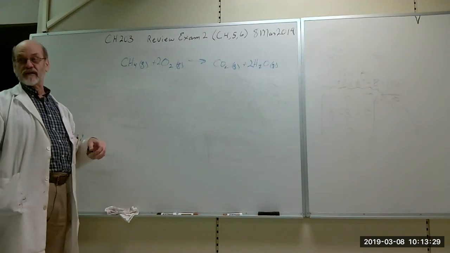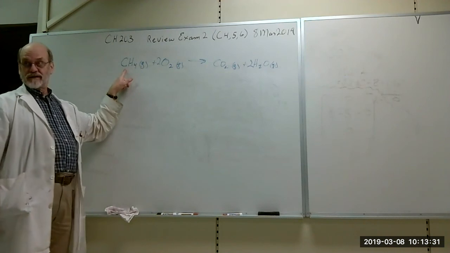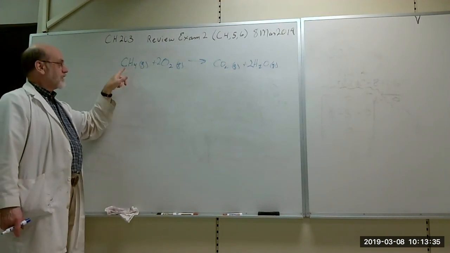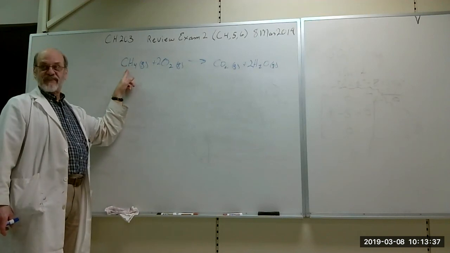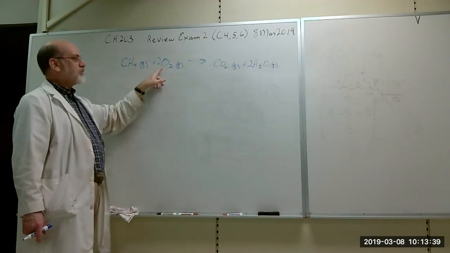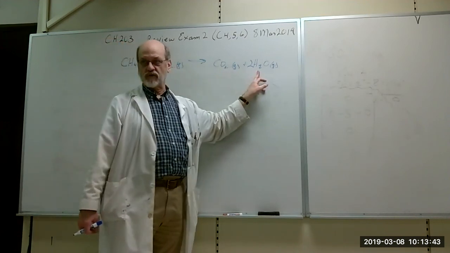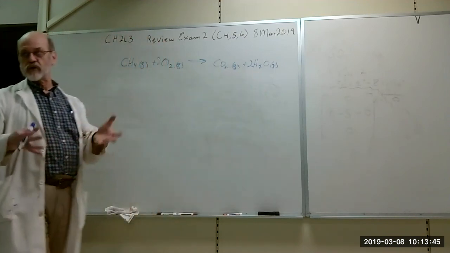It has to have a lot of them. So 1 mole, 6.022 times 10 to the 23rd molecules of methane combines with 2 moles of oxygen to make 1 mole of carbon dioxide and 2 moles of water. That's the way we use it most often.